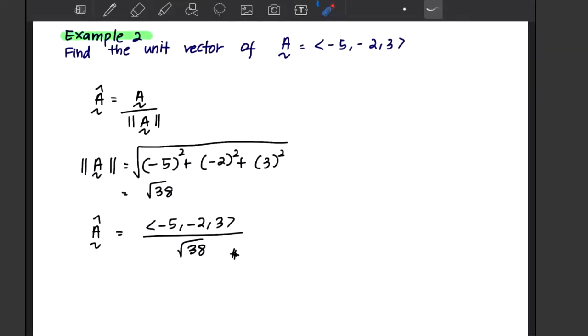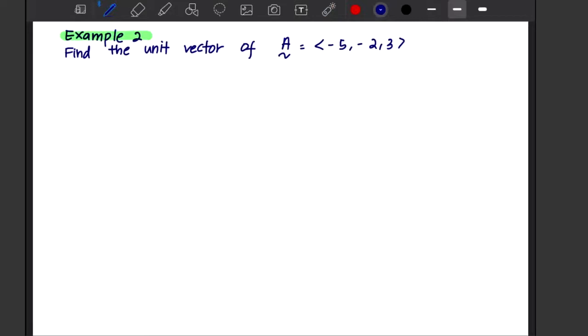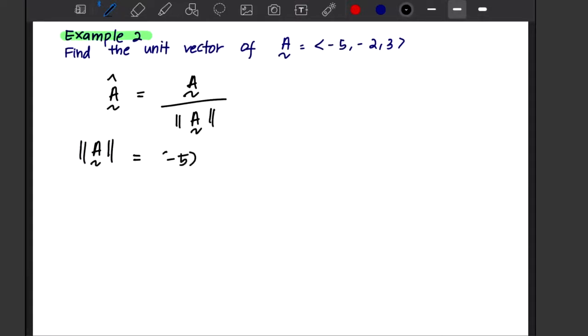Look at example 2. Find the unit vector of A, so A hat. If you want to find the unit vector, A hat equals A divided by its magnitude. To find the magnitude of A: negative 5 squared plus negative 2 squared plus 3 squared, and we get square root of 38.